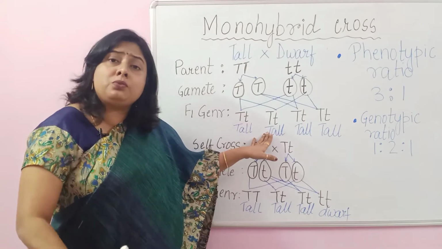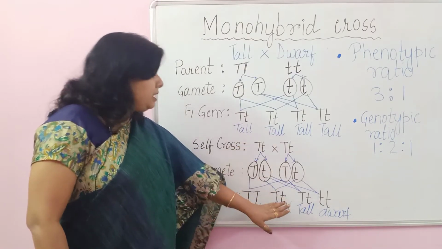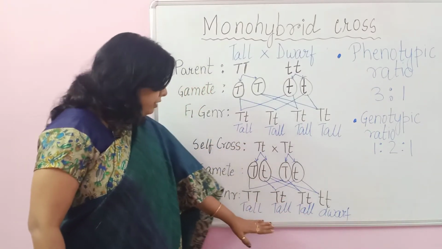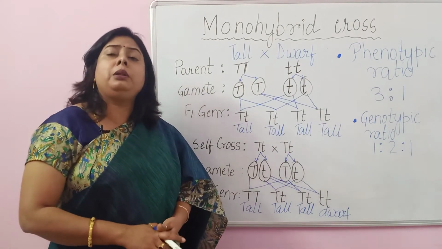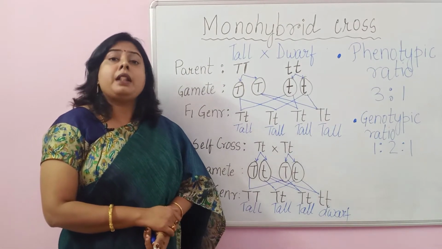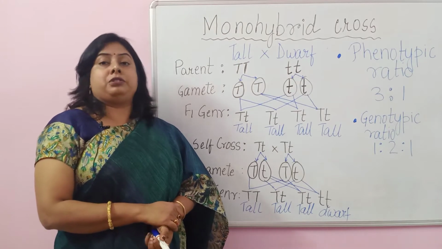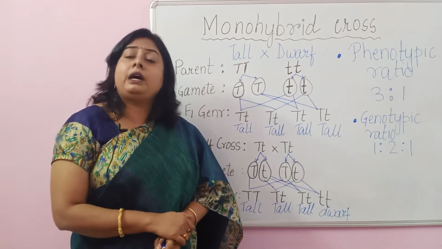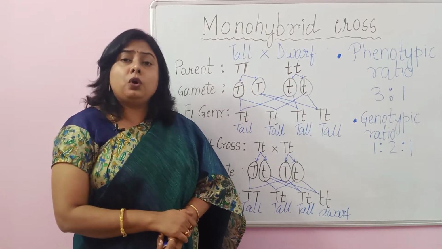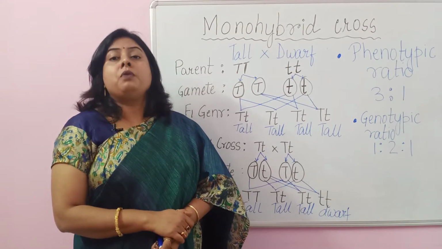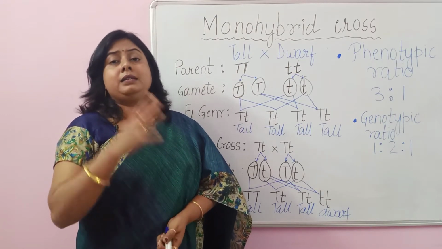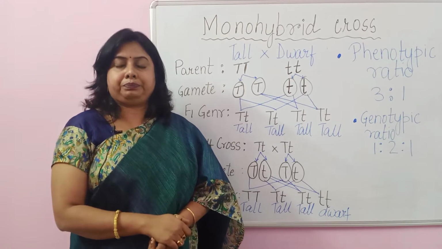There was no dwarf plant, yet he got a dwarf plant for every 3 tall plants. Now comes the question, how did it happen? So, Mendel postulated his theory here.